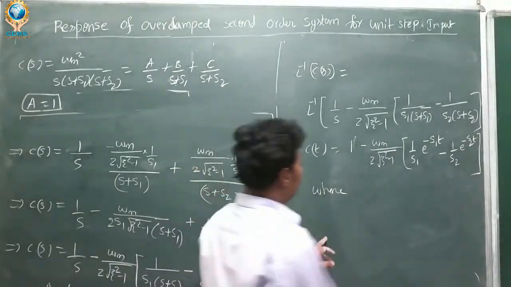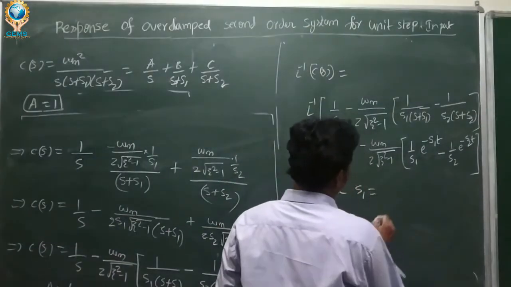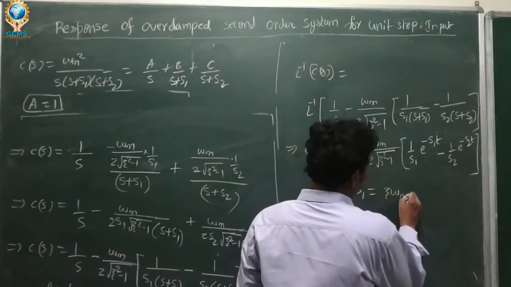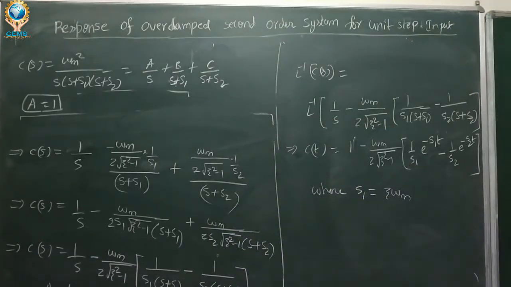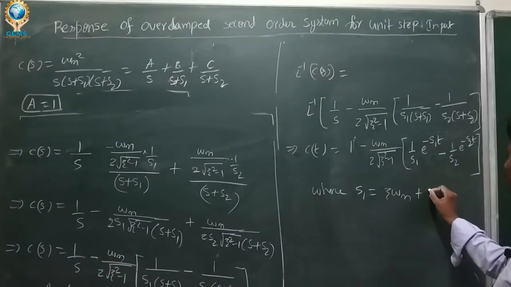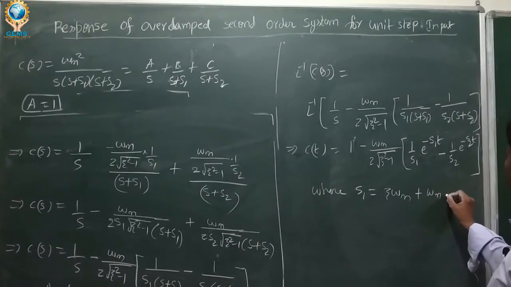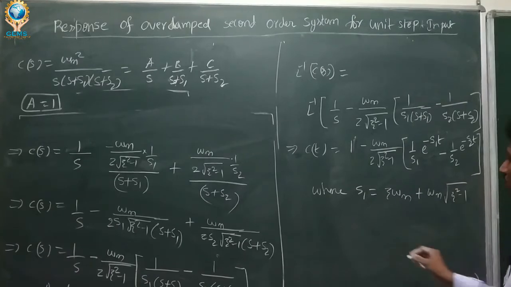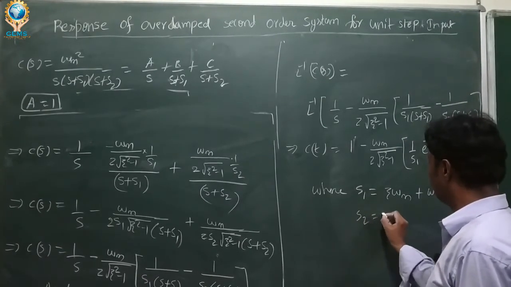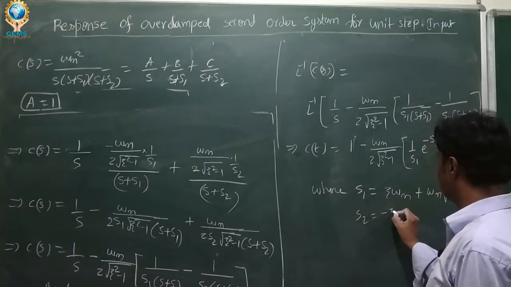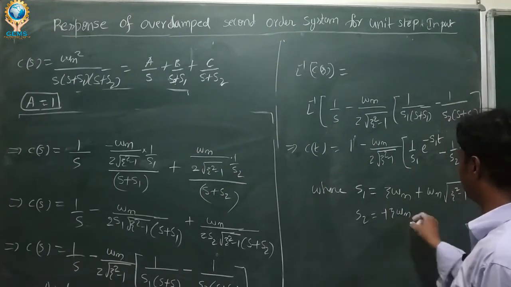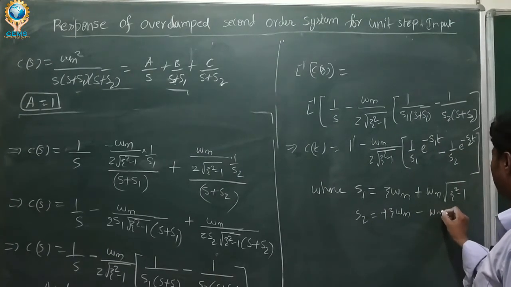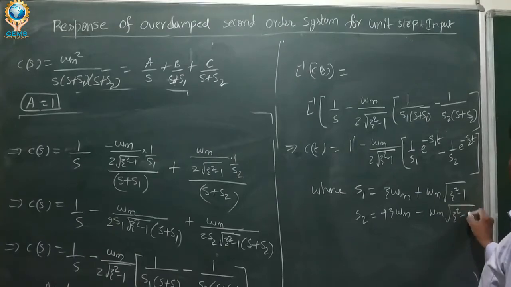Where s1 is equal to zeta omega n plus omega n root zeta square minus 1, and s2 is equal to zeta omega n minus omega n root zeta square minus 1.